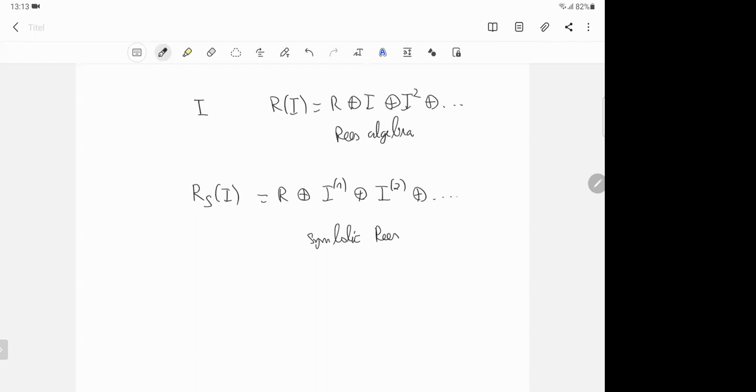They look similar, but they are very different.